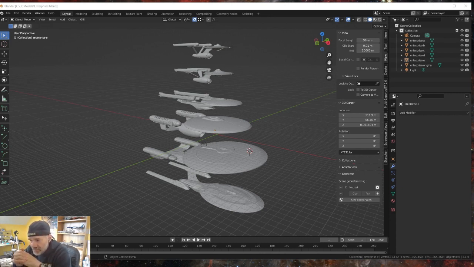I am also starting a new playlist that is geared around making models, okay? Specifically, the model that I will be starting for that new playlist is Star Trek related.